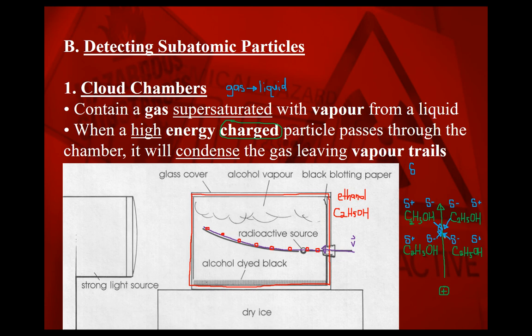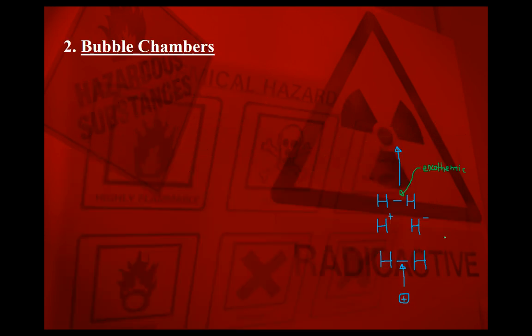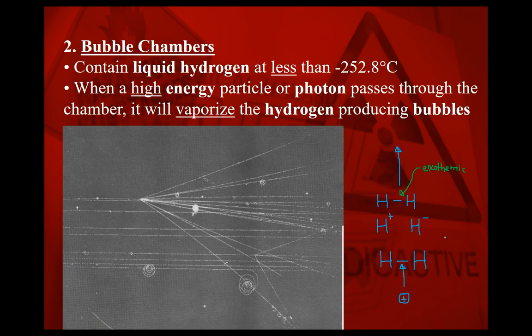For a bubble chamber, you don't need that criteria. The only thing that matters is that this subatomic particle has high enough energy to break the bond. Whether it's charged or not does not matter, as long as it has sufficient energy to break the bond in the first place.